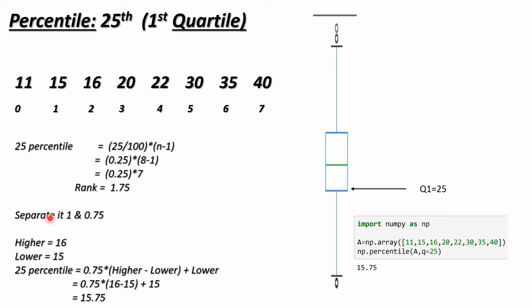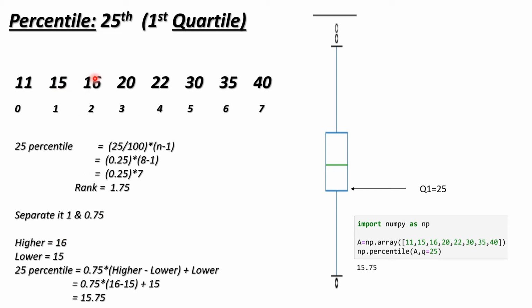So simply what we will do: for the first index we have this 15, and for the second index we have 16. But we don't know which number is in the place of 1.75. So simply we will separate out the 1, that is this first index, and this 0.75 we need to calculate between these 2 points, 16 and 15.